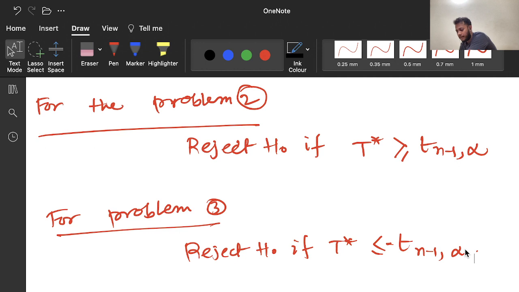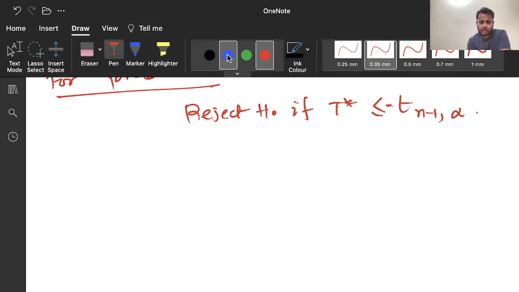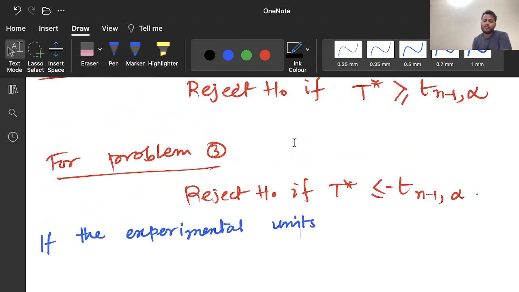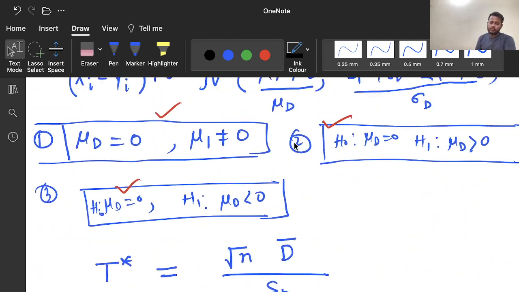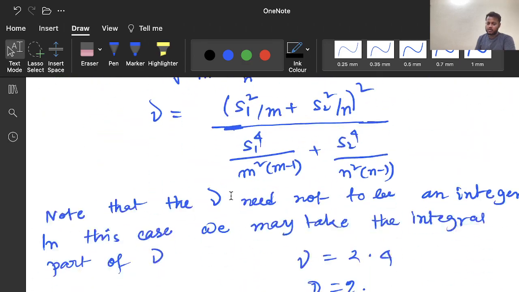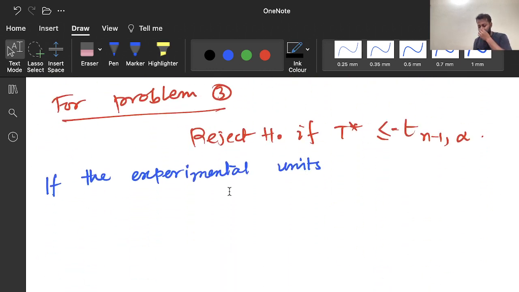Now let me give some rule to follow. You can use either these tests or those tests, so what should one take? There are two cases.